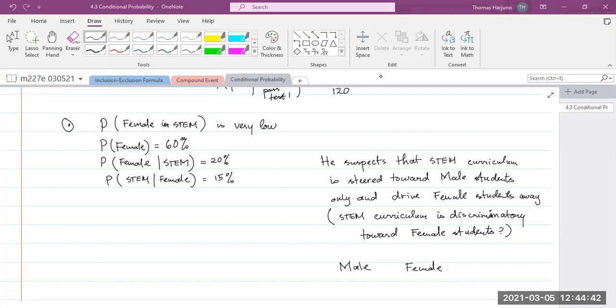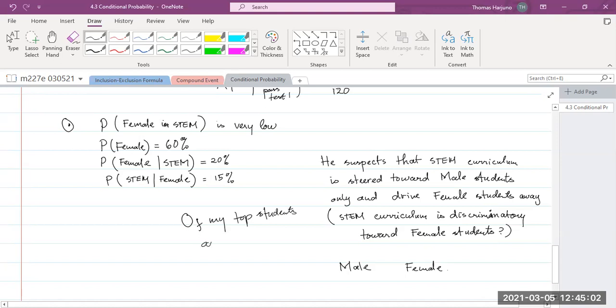I do not have in mind that females are not capable of doing the STEM program. Not at all. Like I said earlier, of my top students, at least 50% are female.